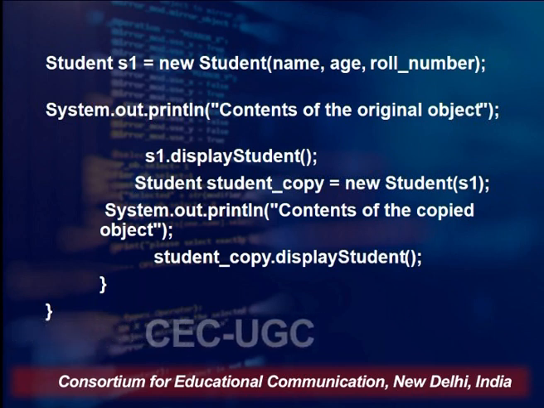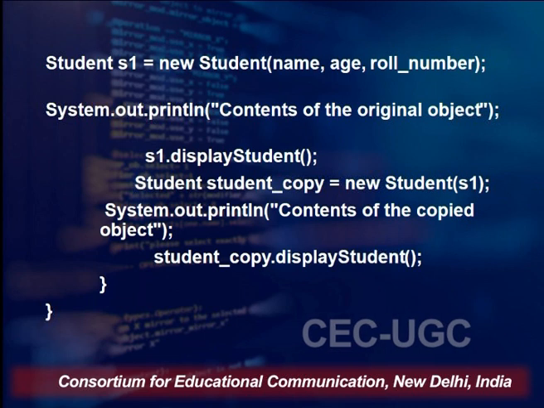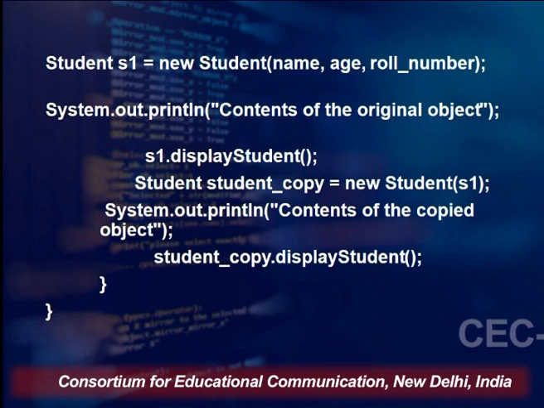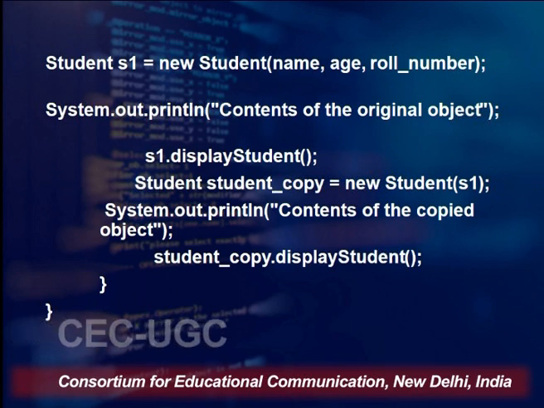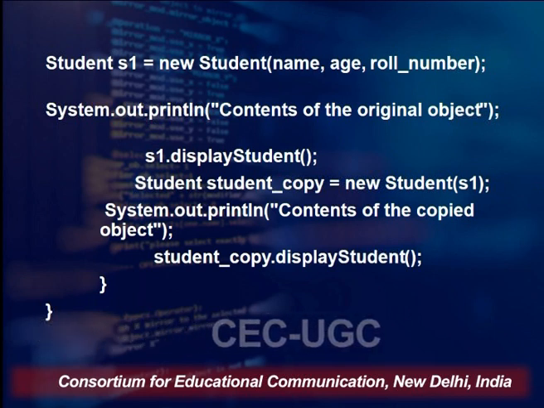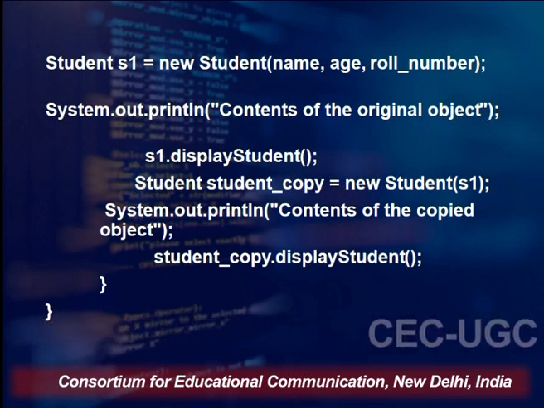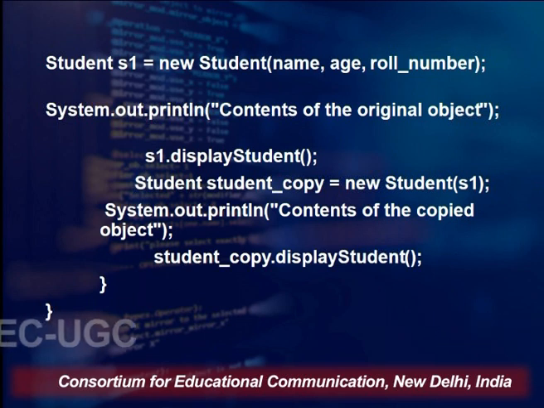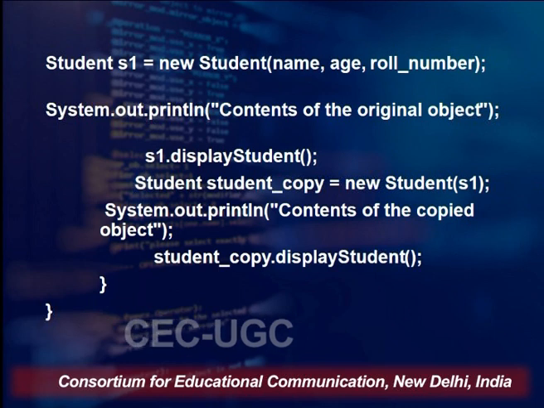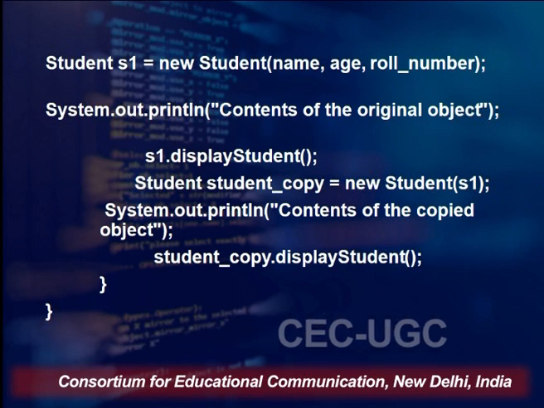So that means a copy of the object which is being passed inside the copy constructor, which is S1, has to be created, or an exact replica has to be created, and the reference name for that particular variable is student_copy. So now I have two different objects.